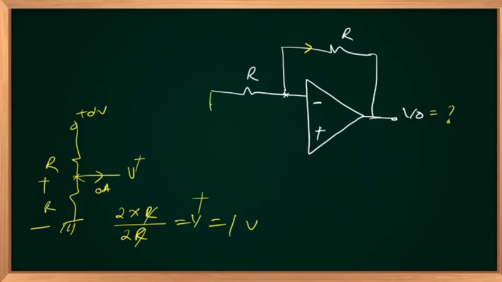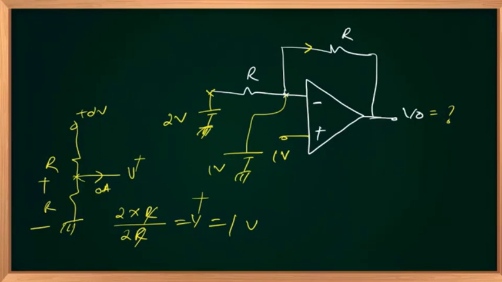Others who didn't answer, please decide. This is 2 volts as such. This is my 1 volt. That 1 volt should appear like this. V plus equal to V minus, right? It's very easy to identify that. So the upper end of this resistance is at 2 volts with respect to ground.